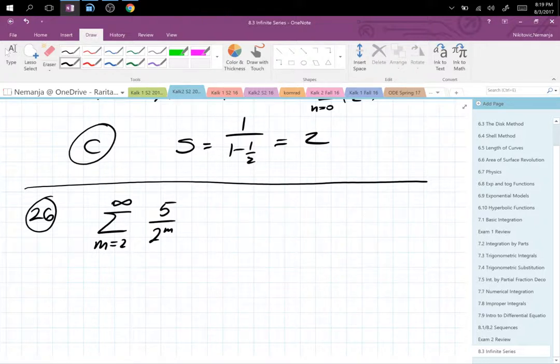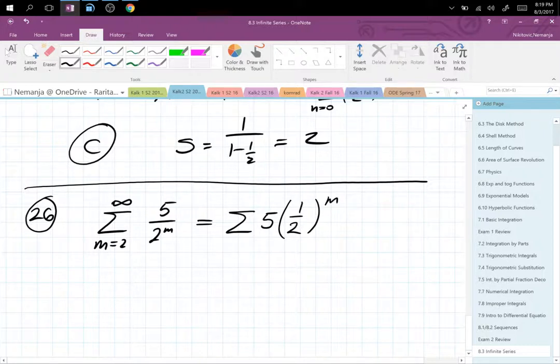All right, let's do some algebra. So summation, we put 5 here, and then 1/2 raised to the m power. We still have m goes to 2, and we know that we are supposed to subtract 2 on both sides, so -2 to make it 0.